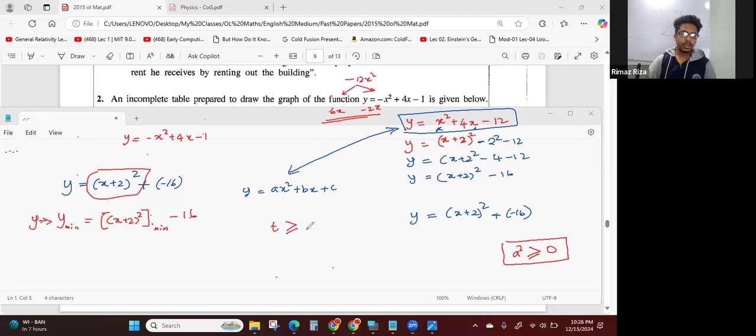T is greater than or equal to minus 0.02. Okay, tell me whether this has a maximum or minimum. Okay, Koshani, correct.